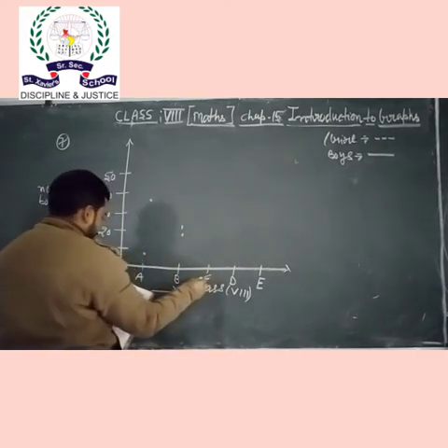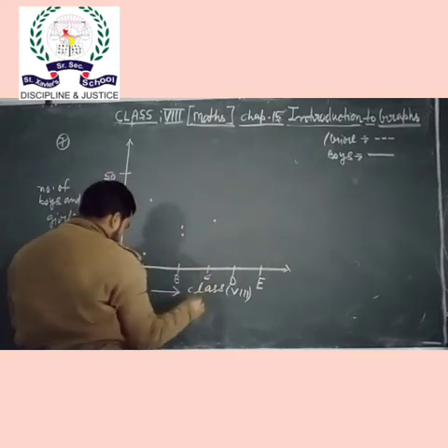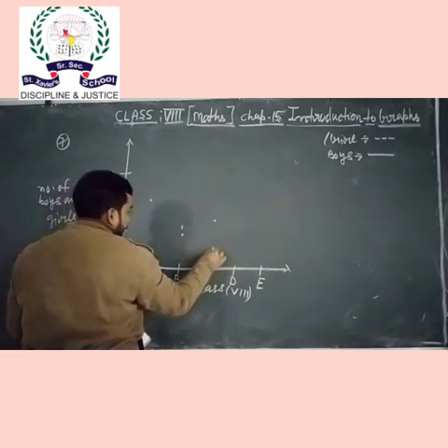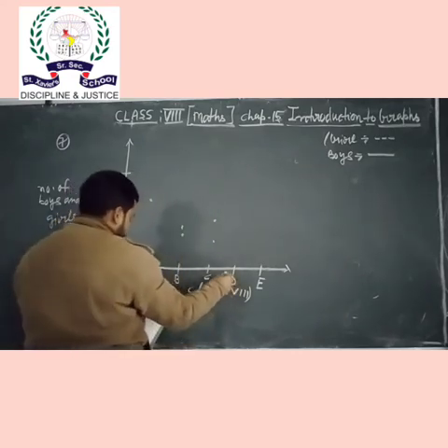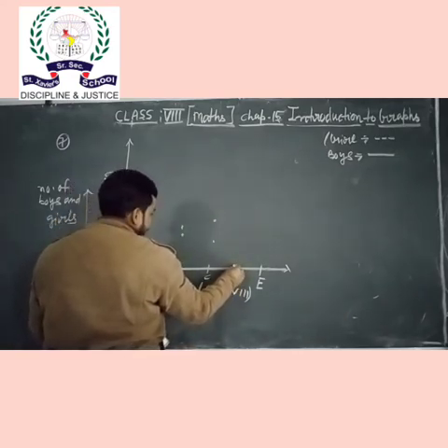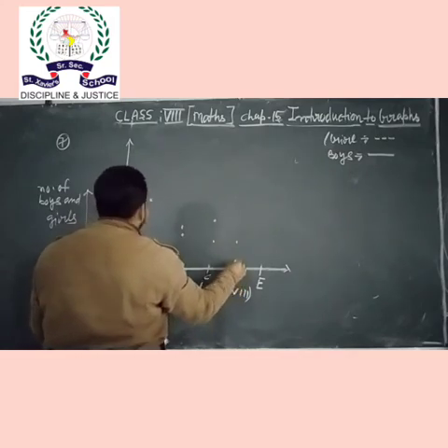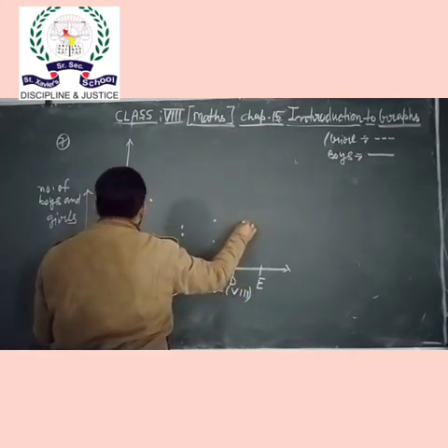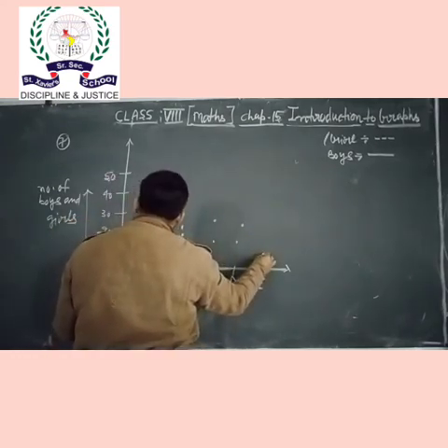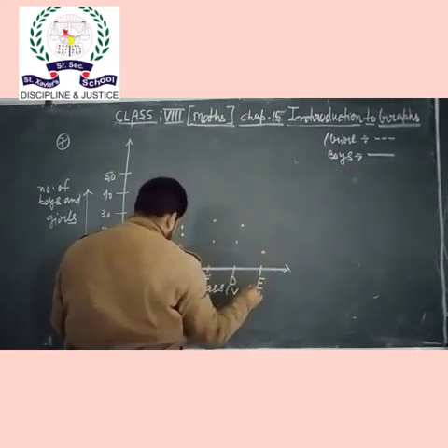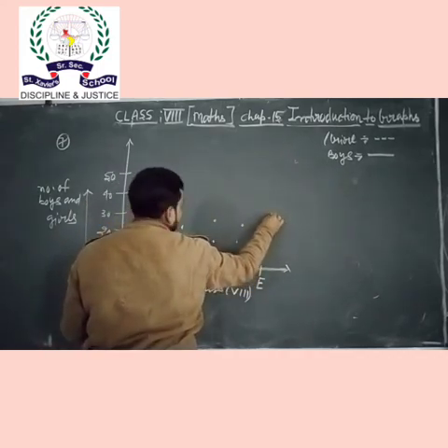In the C section, boys 30 and girls 15. In D, boys 18 and girls 28. In the E section, 10 boys and 35 girls.